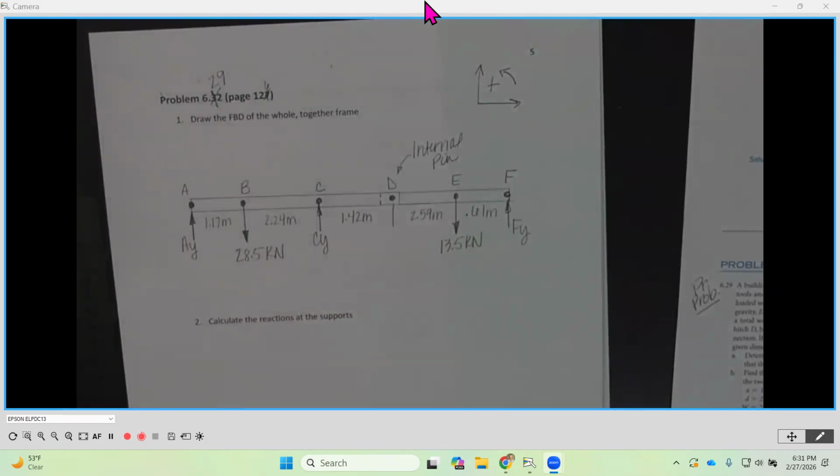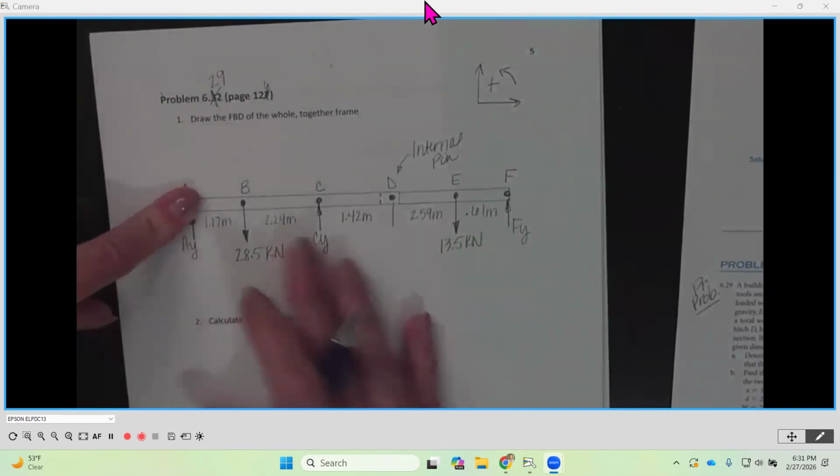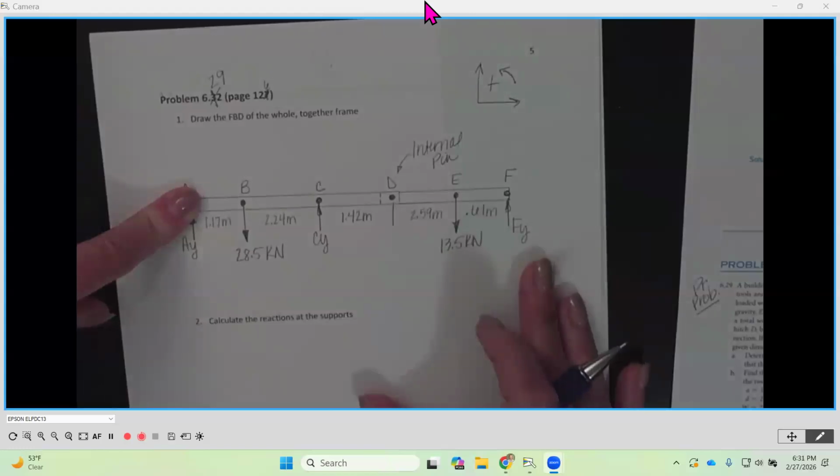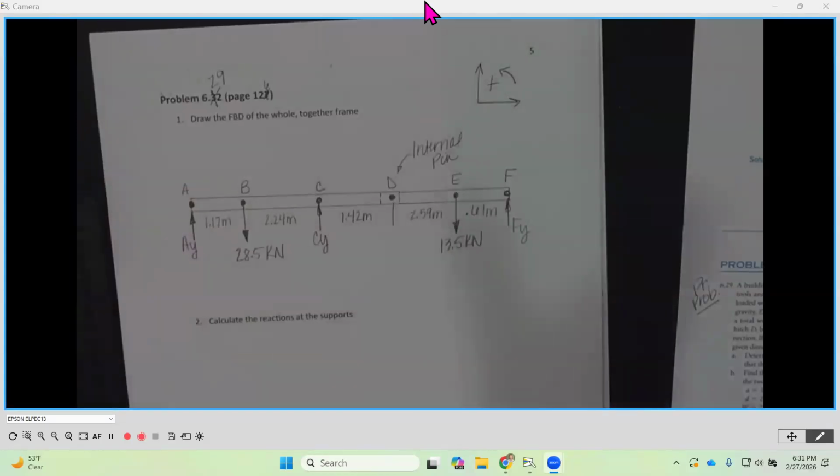And then if I think, oh, let's do a moment, if I put my finger on A, I still have 2 unknowns at C and at F. Do you see that? And I don't have any X's that I can use. So honestly, with this all together, I cannot solve for the reactions at the supports. I just can't. There's too many unknowns.